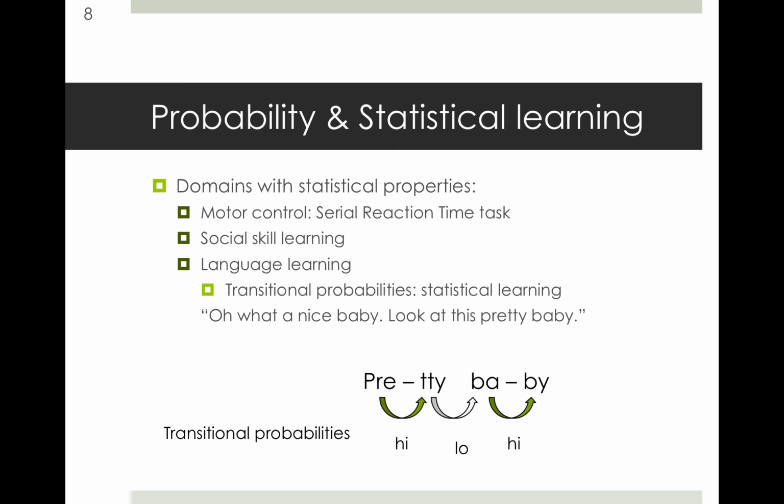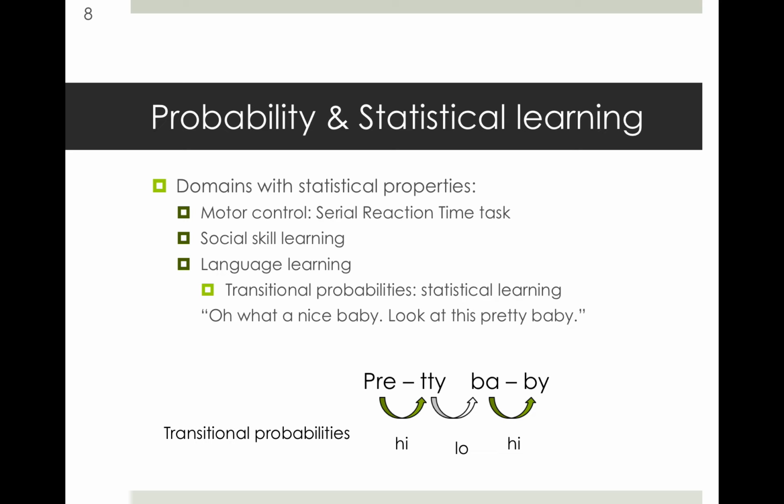Now let's look at between-word transitional probabilities. Right? So you heard baby twice. The first time it's preceded by nice. The second time it's preceded by T. Right? So the transitional probability of B given T before it is low.